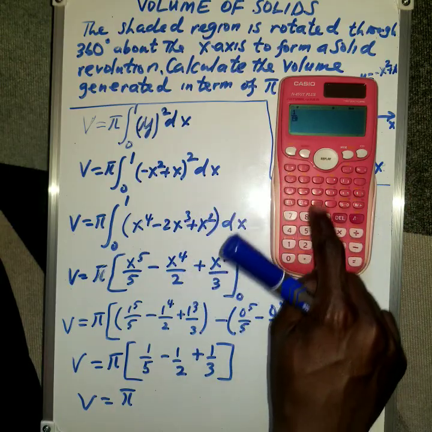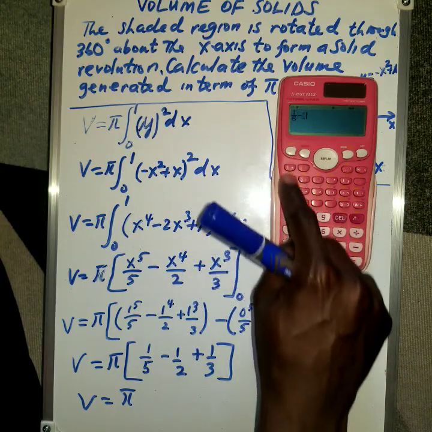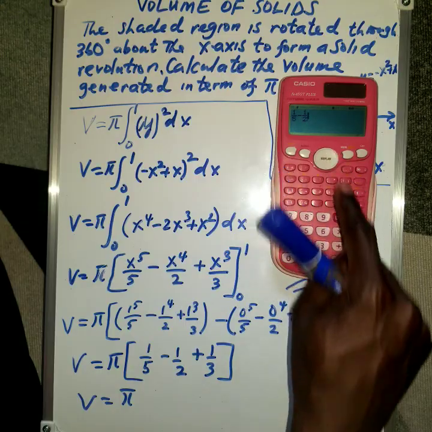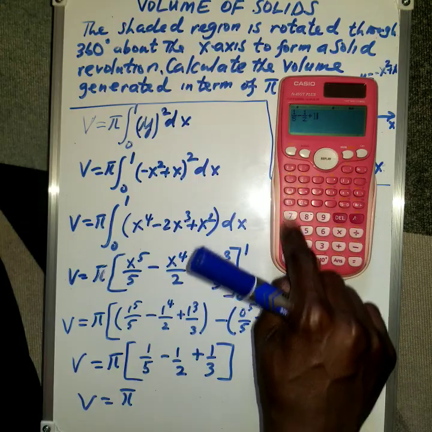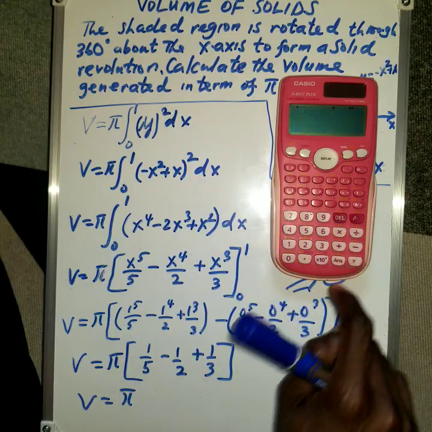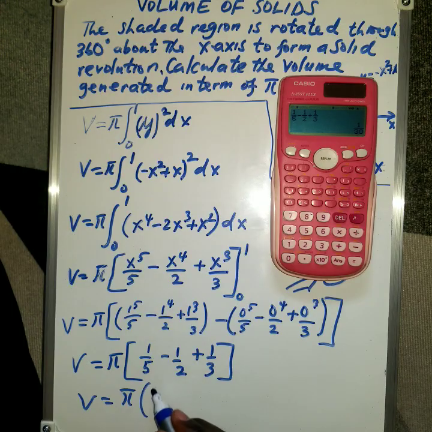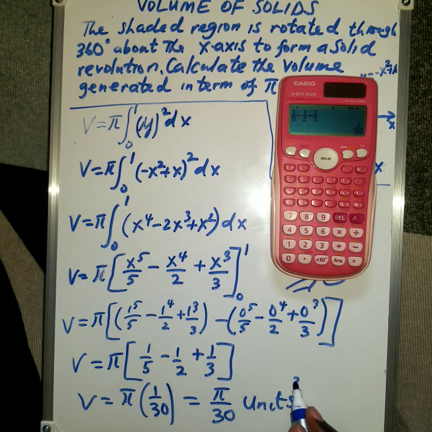What is that going to give you? It will just give you 1 over 30. When you multiply pi times that, it is pi over 30, and you simply say cubic units. So this is the final answer that they wanted us to get.